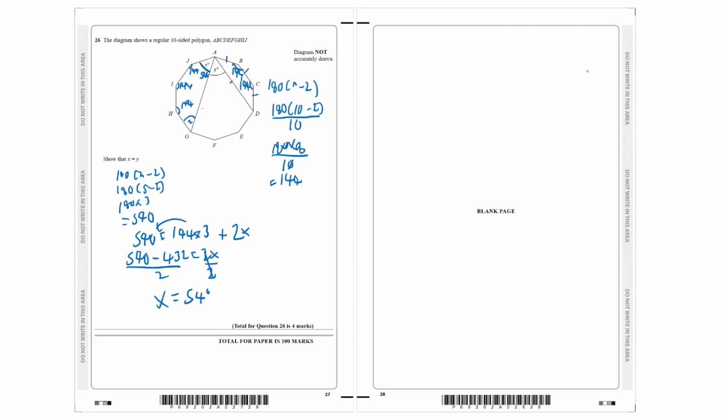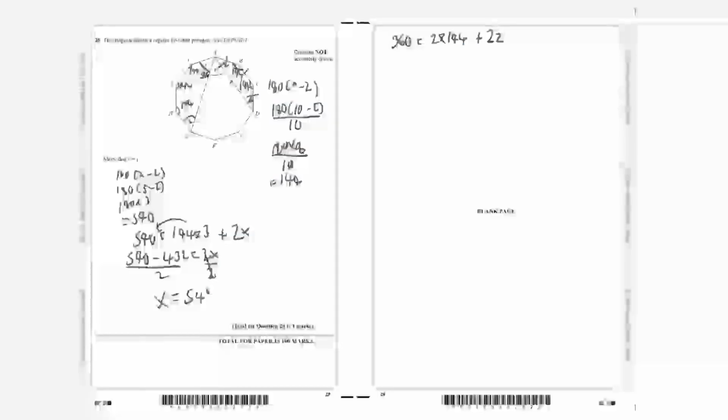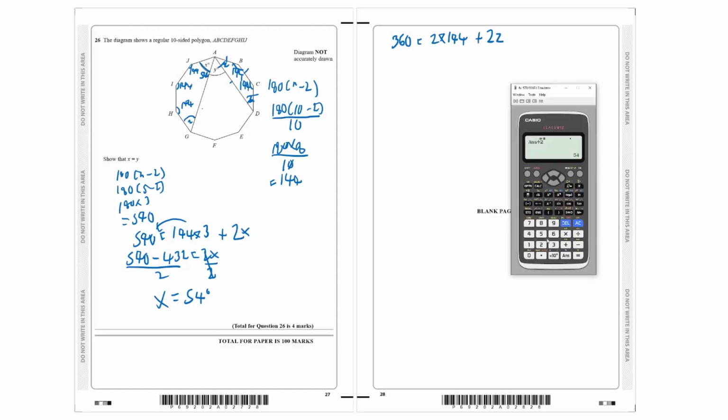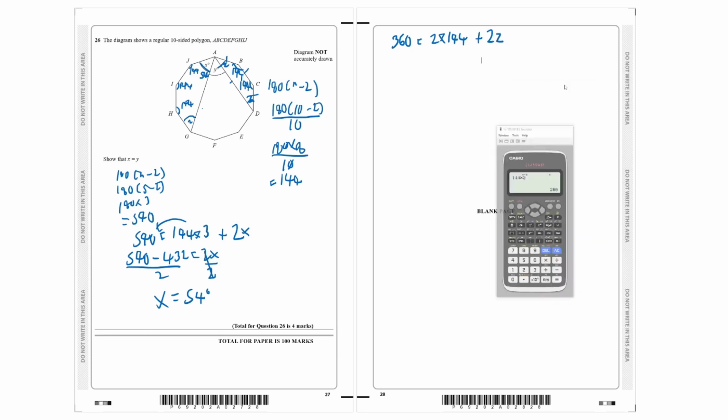And we know that all 4-sided polygons contain 360 degrees in total. So we can put here 360 is equal to 2 times 144. And we don't know what this angle is, so let's call it angle Z. So plus 2Z. Okay? So we can find out what 144 times 2 is first. 144 times 2 is 288.